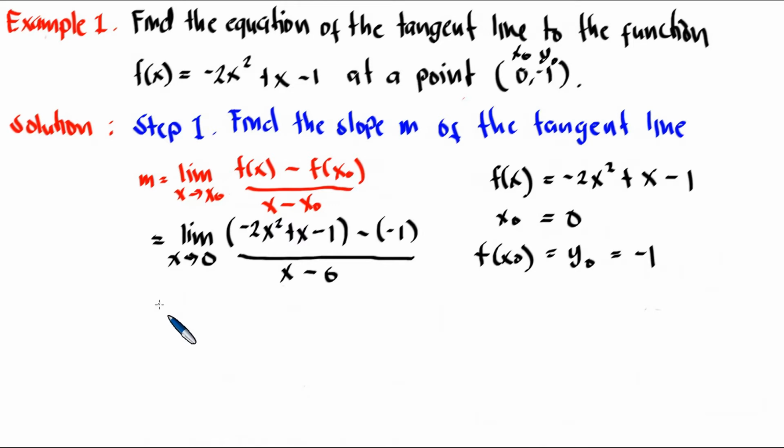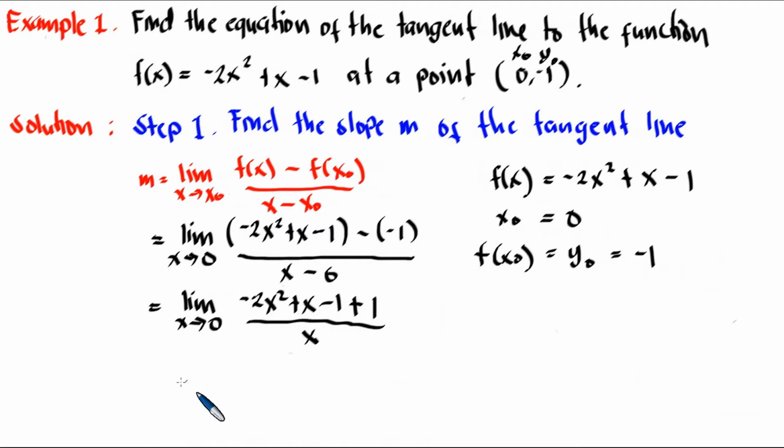Now simplifying this one, we get the limit of negative 2x squared plus x minus 1, then negative times negative 1 gives us positive 1, all over x as x approaches 0.